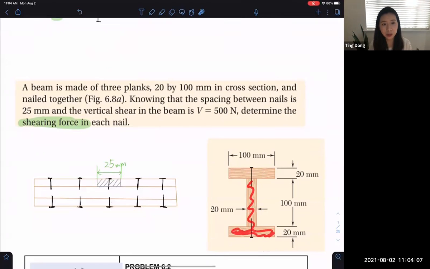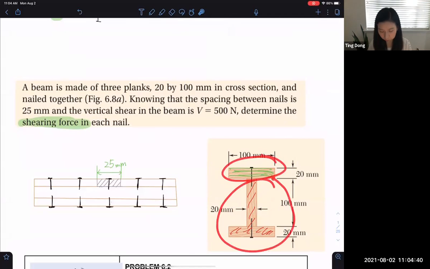You can calculate Q from either part, but you should realize that the difference between the top part and the bottom part is actually a symmetric web. If you calculate this part separately, its Q is 0.